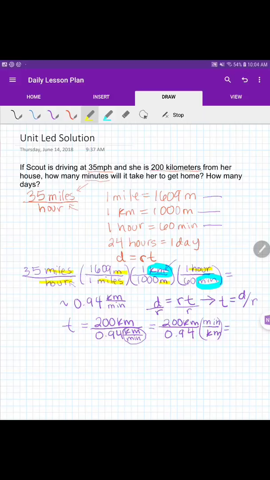So now you can see that kilometers and kilometers cancel out, and we're left with minutes. So this gives us about 212.8 minutes.